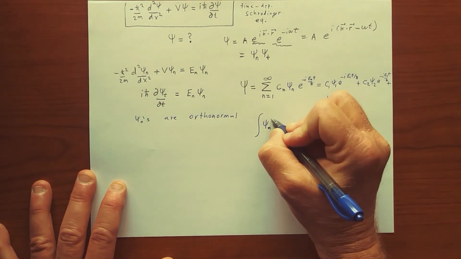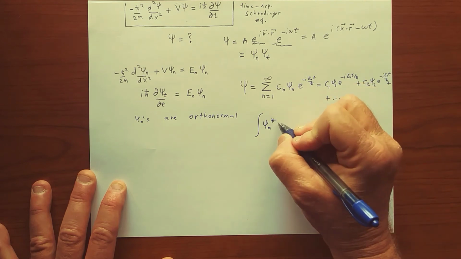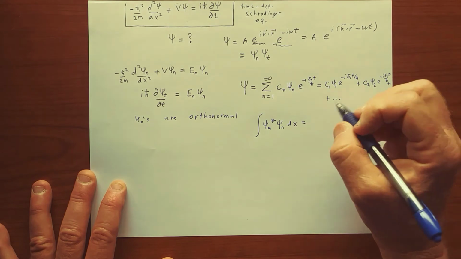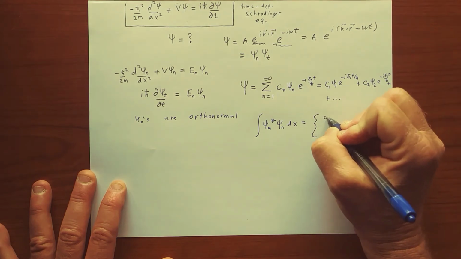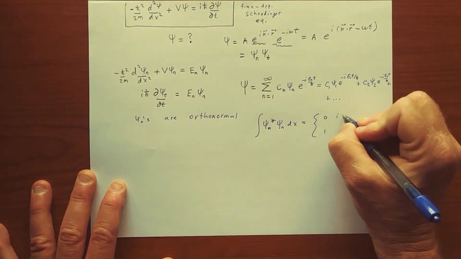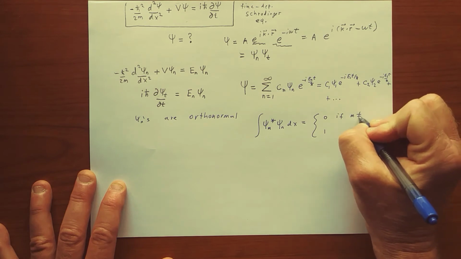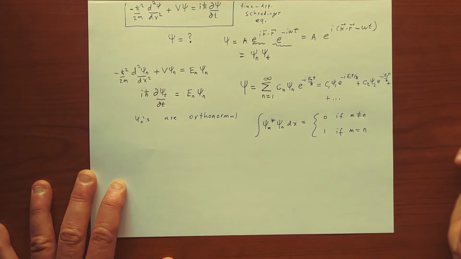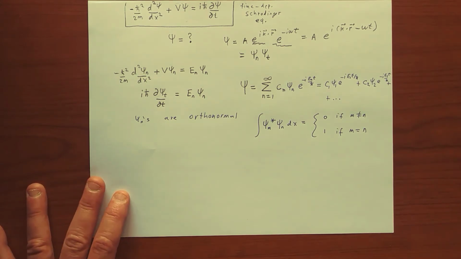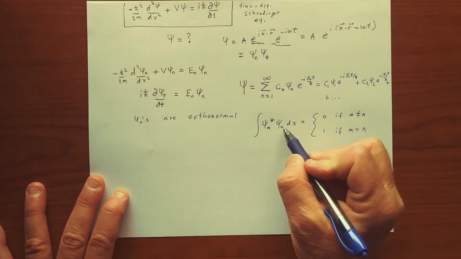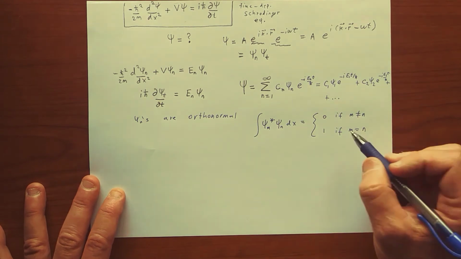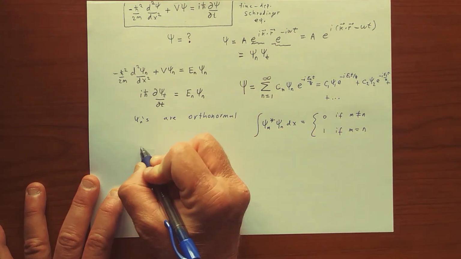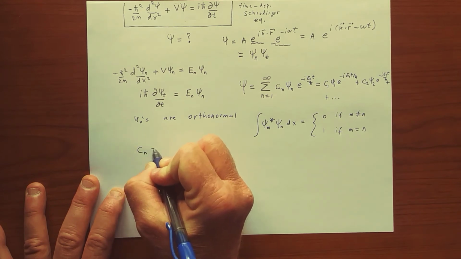This is a very abstract idea that we can make less so. So this is equal to 0 or 1 depending on whether these functions obey the following. If they're the same, if psi m is just psi n star, then we'll get 1, otherwise we'll get 0. And so this allows us to get these coefficients in the expansion.